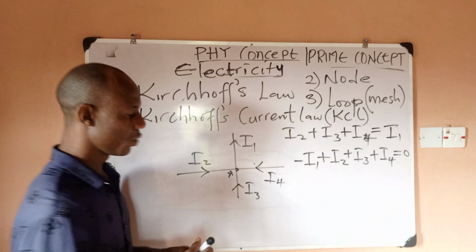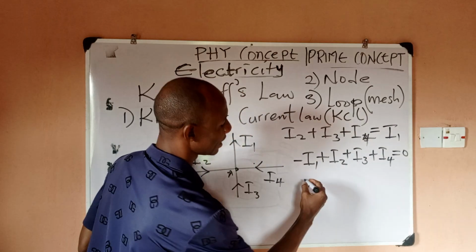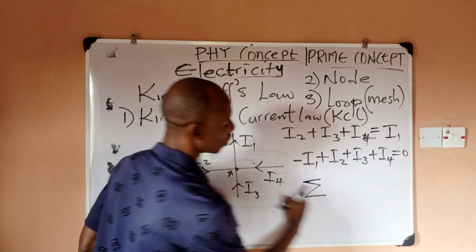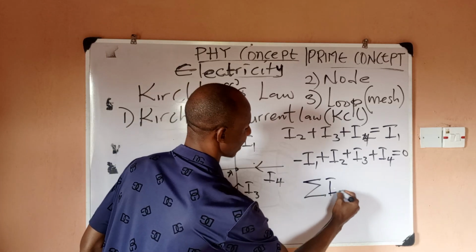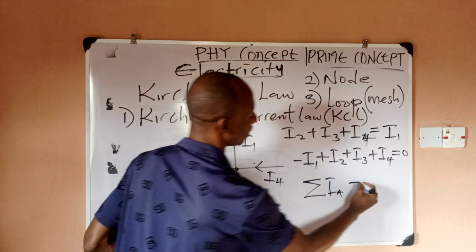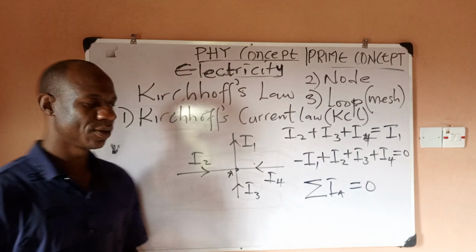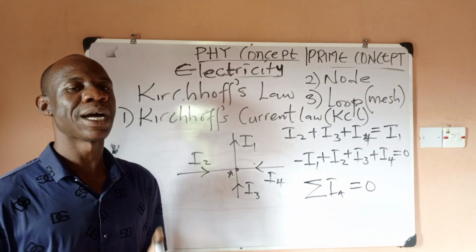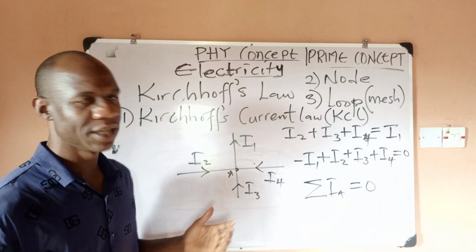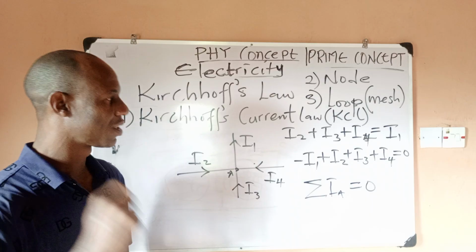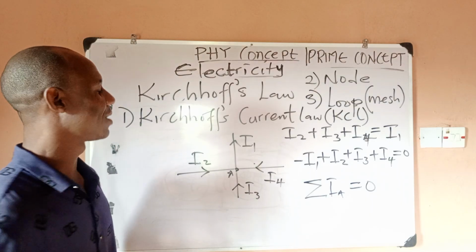In a simple way, we can generalize KCL by writing the summation of current at a junction, say junction A, equals 0. So what you have here is what we know as KCL. I believe this concept is very clear. I'll still give examples to help you understand this, right?